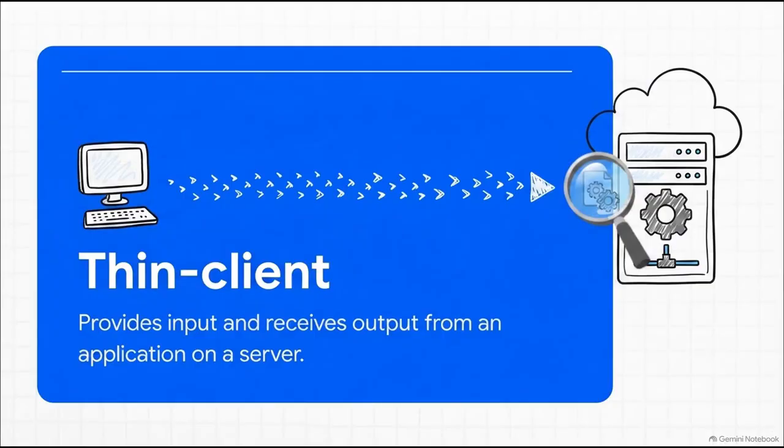Now, let's drill down into that client-server model for a second, because clients actually come in two distinct flavors. First up is the thin client. A thin client relies almost completely on the server. Literally, all it does is send your input, your keyboard strokes or mouse clicks, straight to the server, and then it just receives and displays the output. All the heavy lifting, the actual running of the application, happens entirely out there on that remote server.